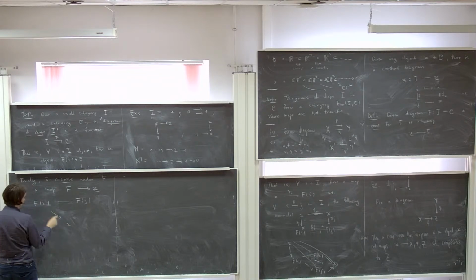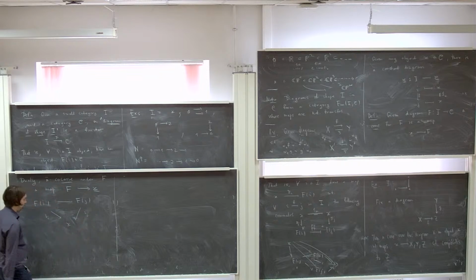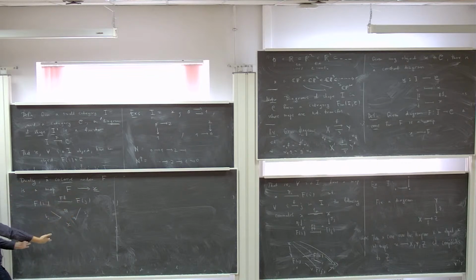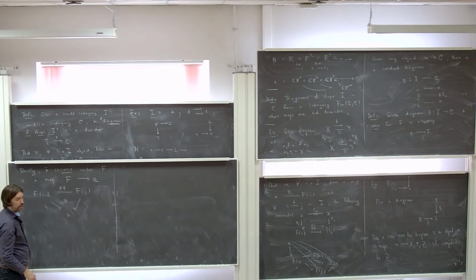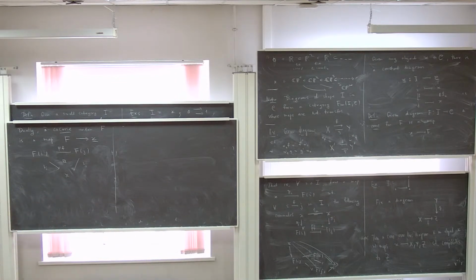For each I, I have a map from F of I to my given object, which specifies the constant functor. I'll write this as I sub I, sub J, like this. This is F, and this all commutes. It's called a cocone under F because it looks like the cone but upside down, or with all the arrows reversed, rather. Okay?